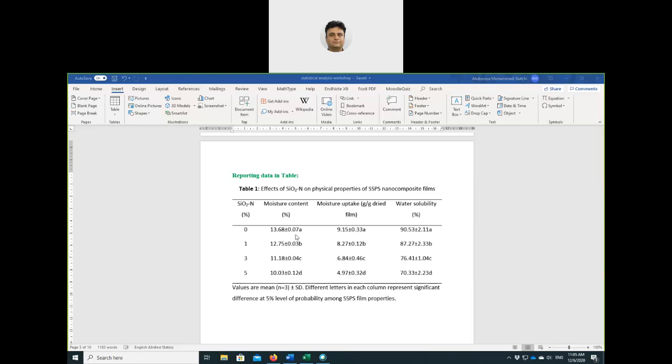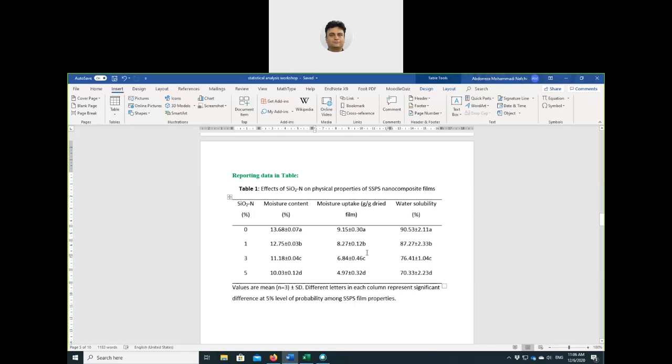If this one is like 30, do not remove the zero; you need to keep the same digits. When reporting in a table, report the data with the same digits. And about the ABCD letters, I will describe later in the inferential part.